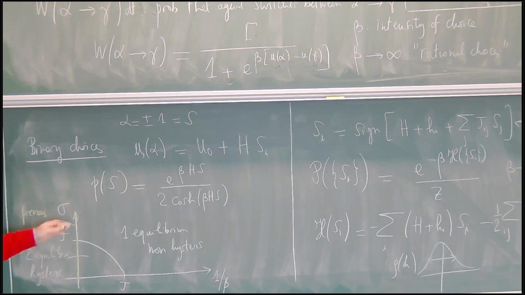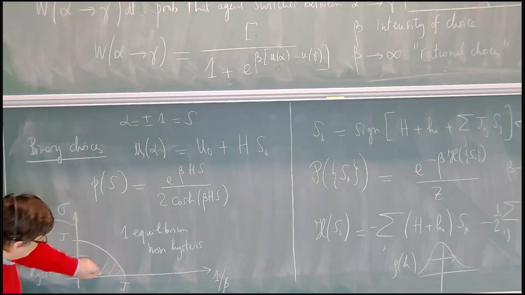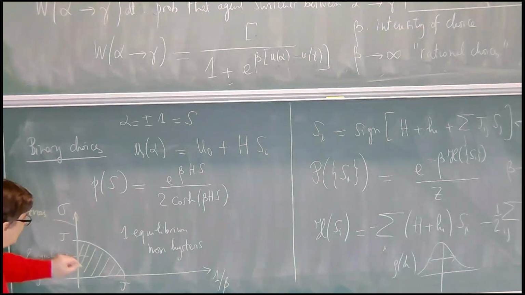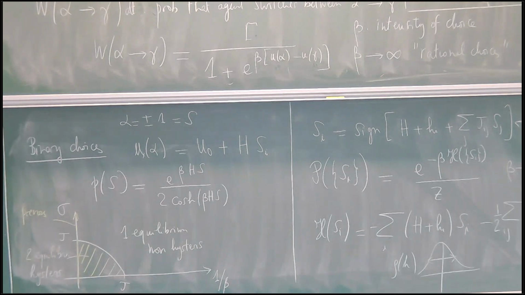So there's a whole region here where the phenomenology that I talked about in the previous lecture holds. Of course, when I put J here and here, it's not strictly equal to J, but it's of order J, with coefficients that may depend on the structure of the lattice and so on.